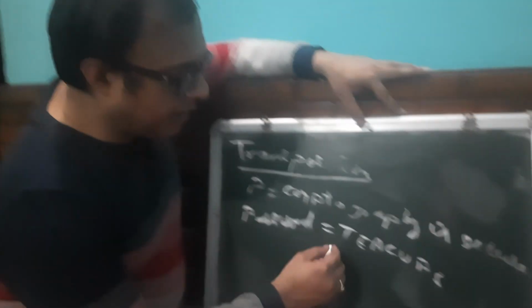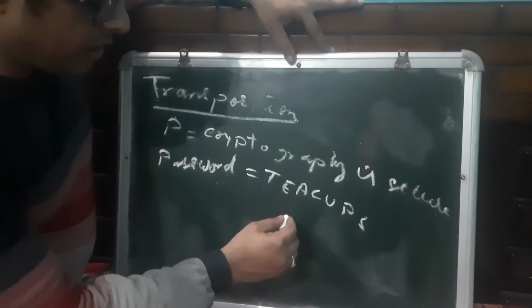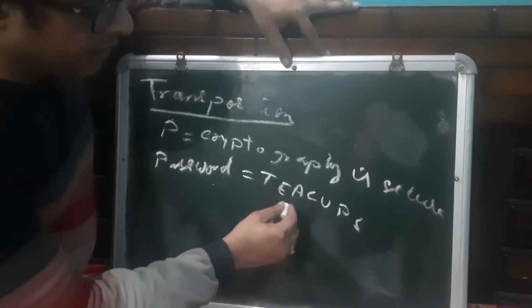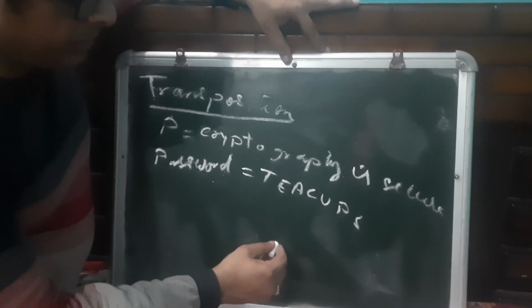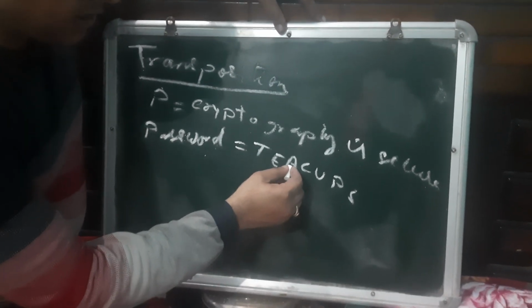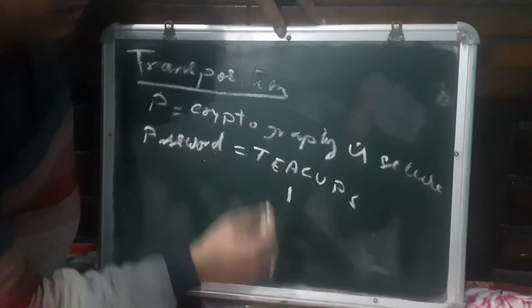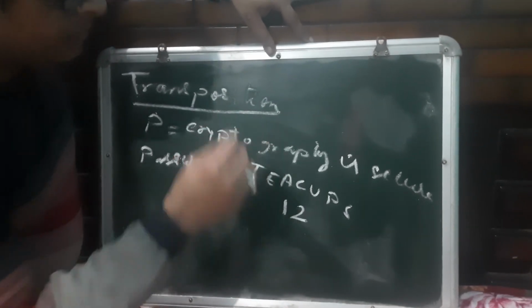Now in the letters of this password teacups, assign the relative position of the alphabets in this password. Relative position means the letter A has position 1 in the English alphabet, and relative to it the next letter C has position 2.